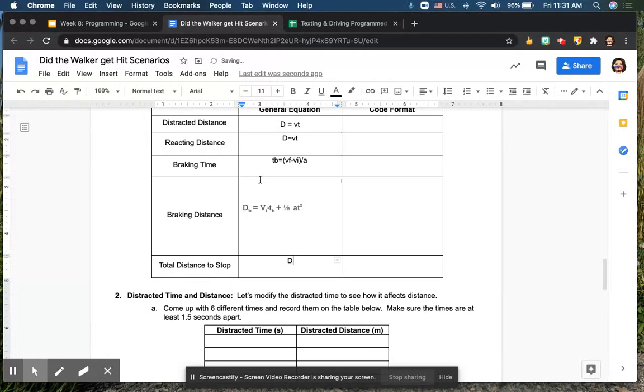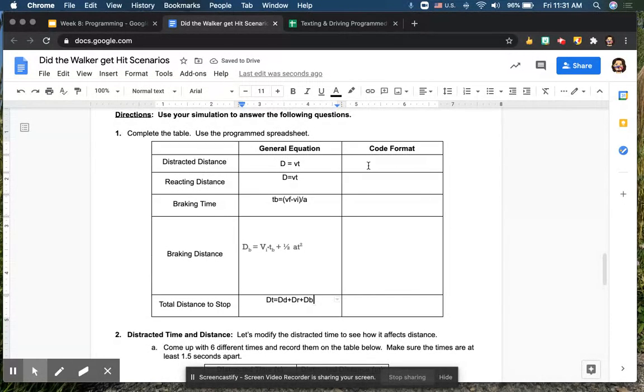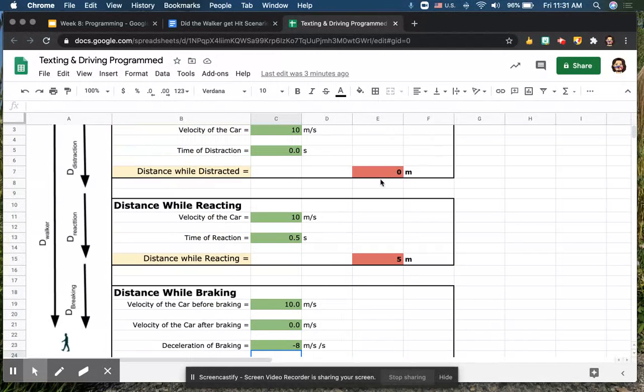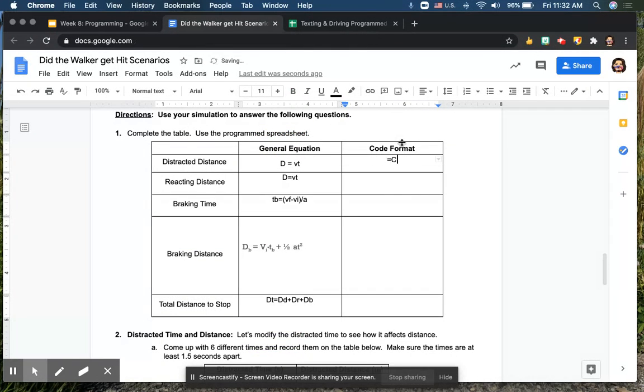So dt equals dd, the distracted distance, plus reaction distance, plus stopping or braking distance. All right, so that's my equation. And then I need the code format. So for distracted distance, I'm going to go back to my spreadsheet and scroll up to my distracted distance. Boom, here's my code, equals C3 times C5. So that's what you do for the code format.